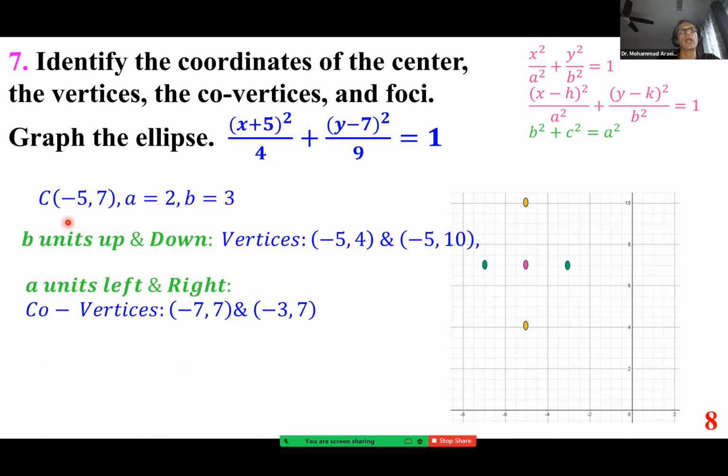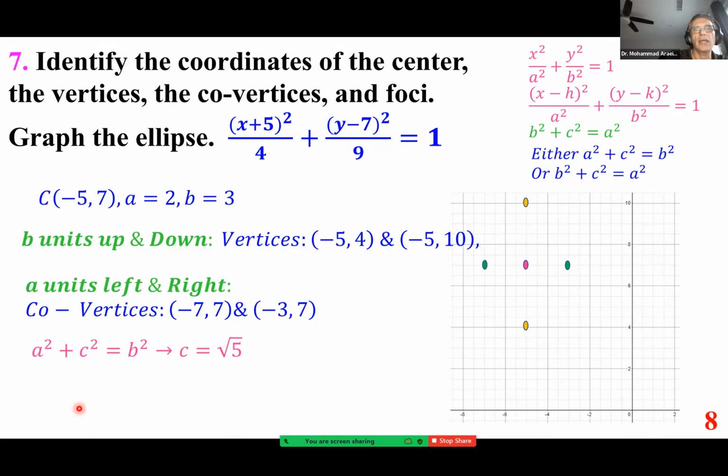Now, we can also calculate the foci using this formula. It's important to understand that because it's elongated this way, clearly B is larger than A. So now the formula changes. B squared plus C squared equals A squared, or A squared plus C squared equals B squared. You use the one that makes sense. Please understand, A and B could change. With that being the case, we go with A squared plus C squared equals B squared.